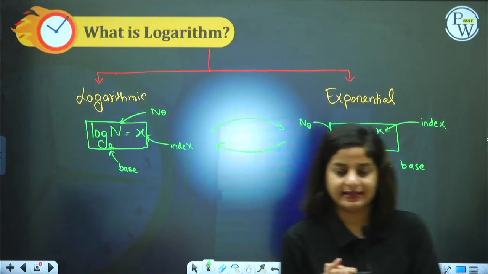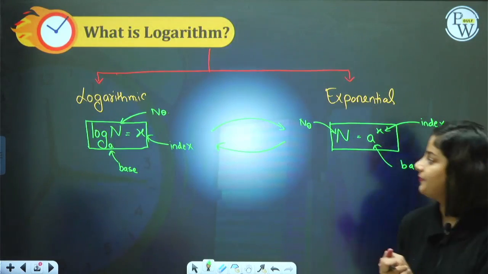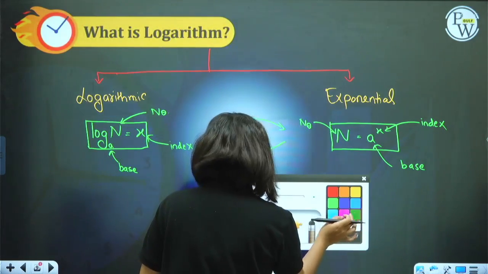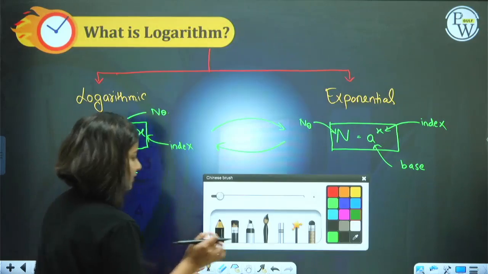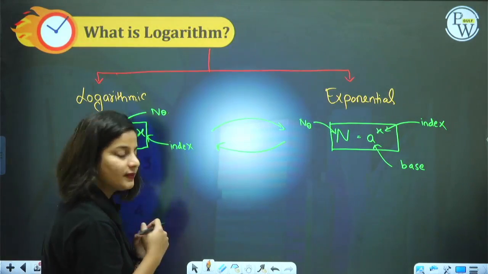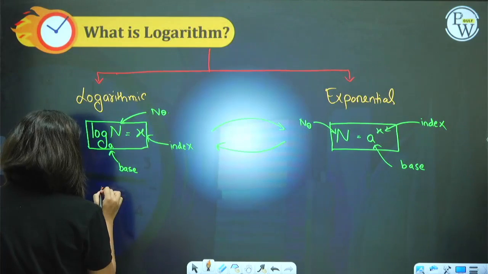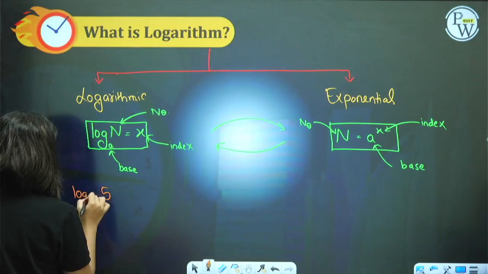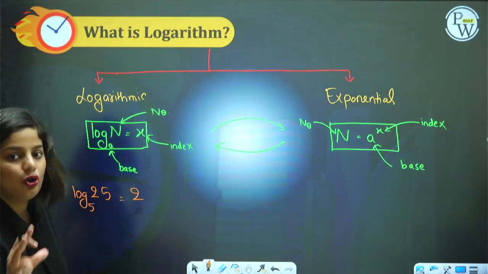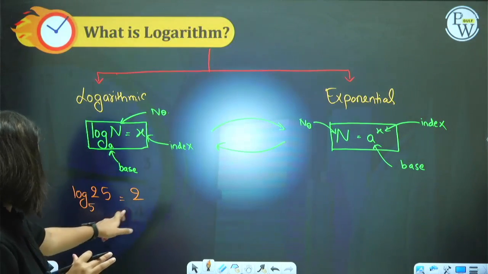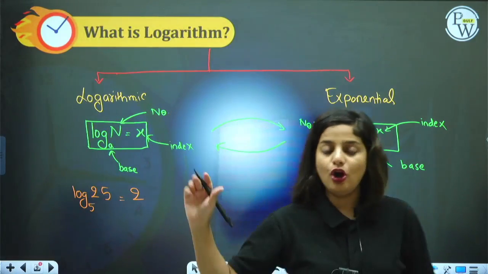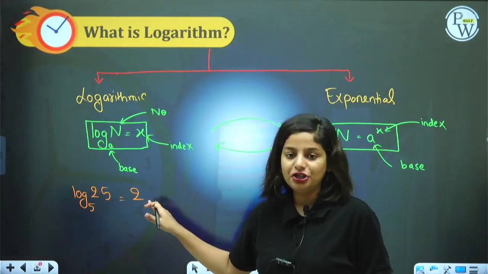Okay, next thing guys, logarithmic form to exponential form. I write log of 25 to the base 5 is equal to 2. Let's say this is your logarithmic form. Try reading it with me: log 25 to the base 5 equal to 2.